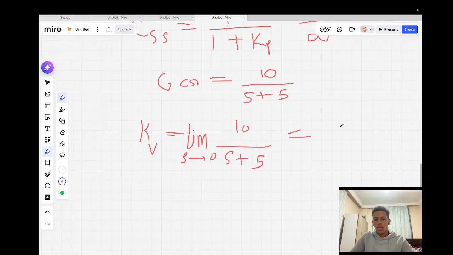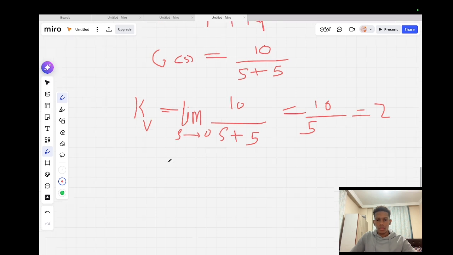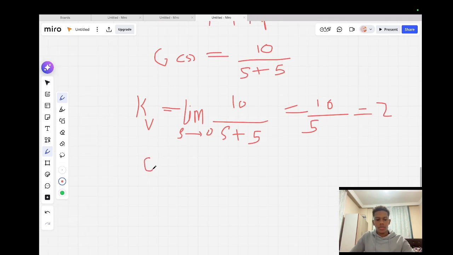So KV equals 10 over 5 equals 2. So ESS will be 1 over KV. So it's equal to 1 over 2, which equals 0.5.